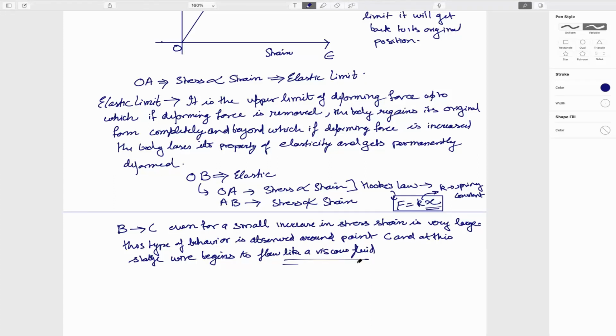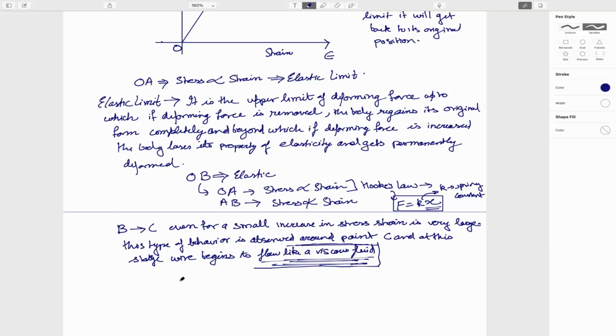Don't worry too much about this point because you may not know about the properties of fluids at this moment, but when we discuss it, I will tell what it is.